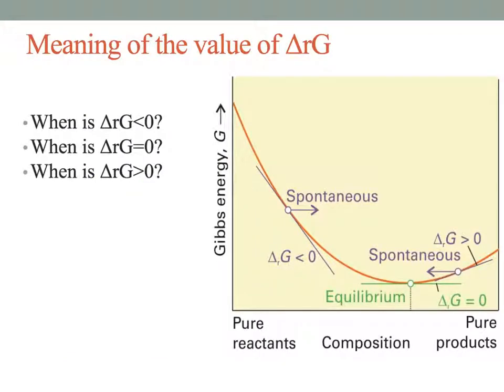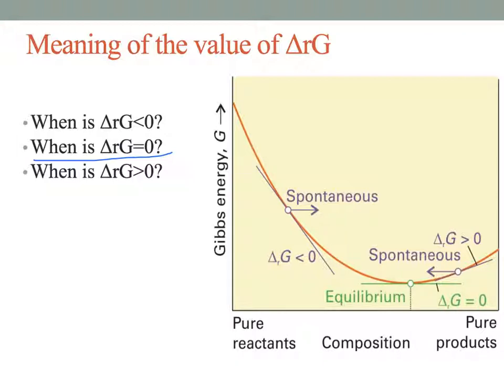Okay, so what are the other meanings of the value for delta G? We already said that when delta G is equal to 0, we know that the reaction is at equilibrium. But what about when delta G is less than 0? When delta G is less than 0, then we expect that reaction to be spontaneous.